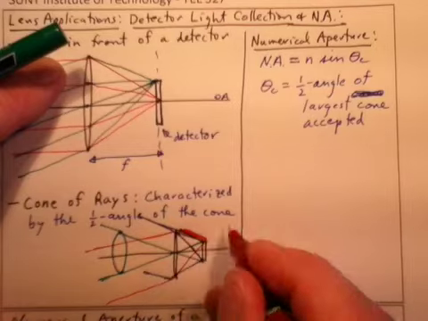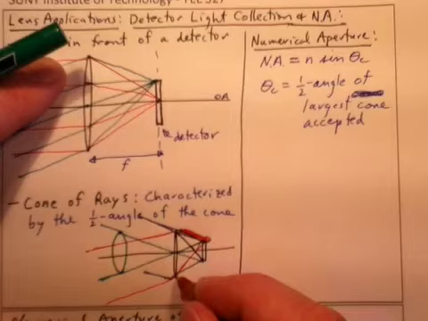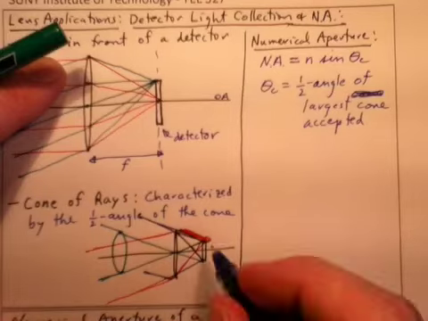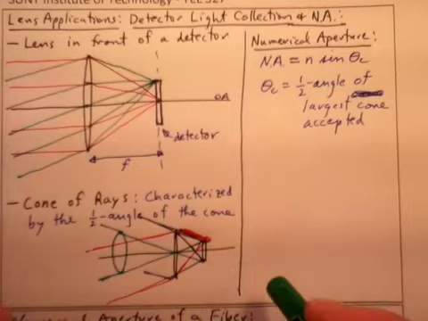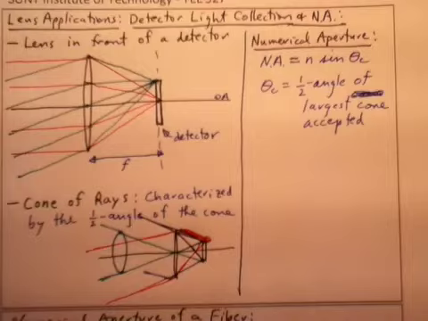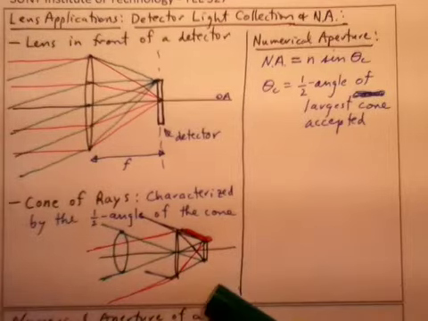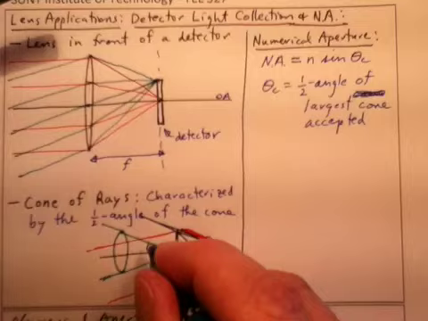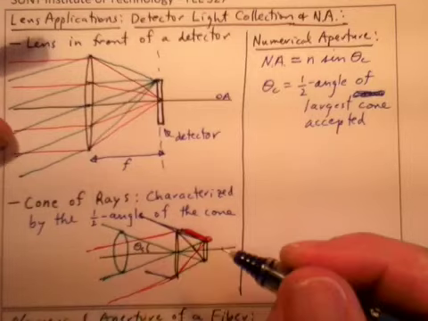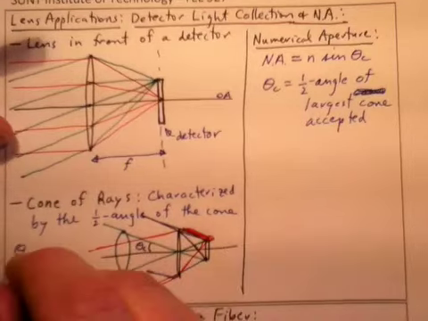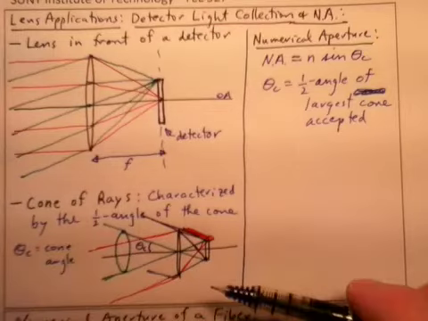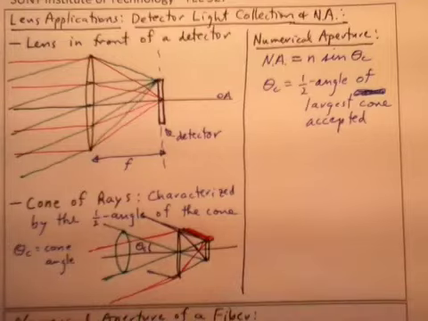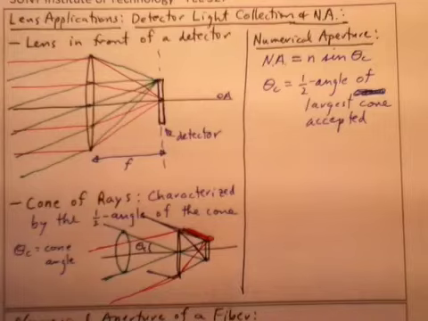So these red rays are focused at the top of the detector. The blue rays are focused at the bottom of the detector, and the green rays are all within that cone, and they also all hit the detector. This cone of rays is characterized by its half angle. I'm going to call this theta c, the cone angle. So all of these rays are going to hit that detector.